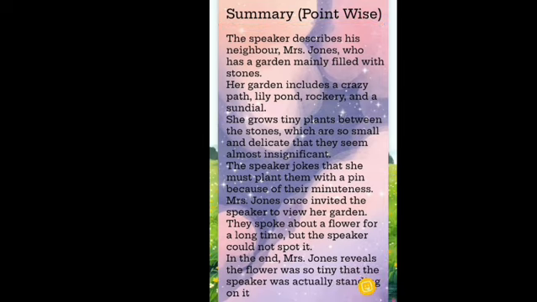Therefore, in the end, Mrs. John reveals the flower was so tiny that the speaker was actually standing on it. At the end, Mrs. John reveals that the flower was very small, which was stood on by the speaker actually.